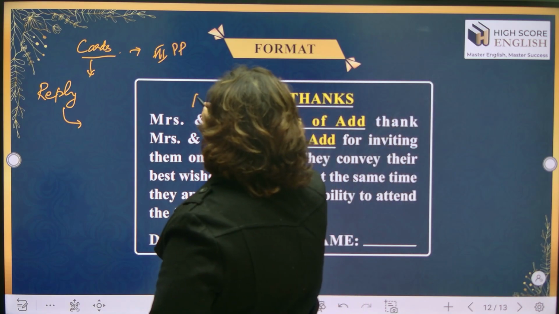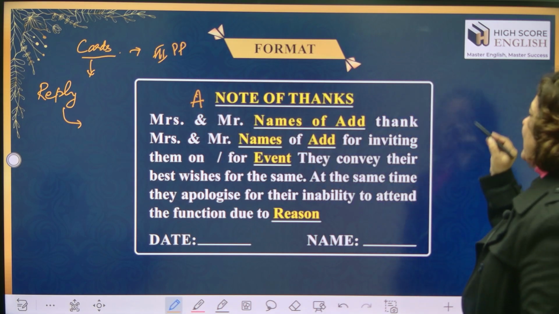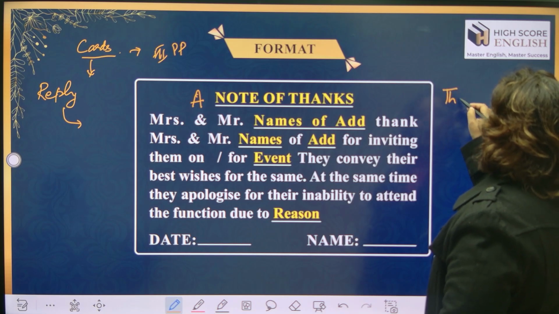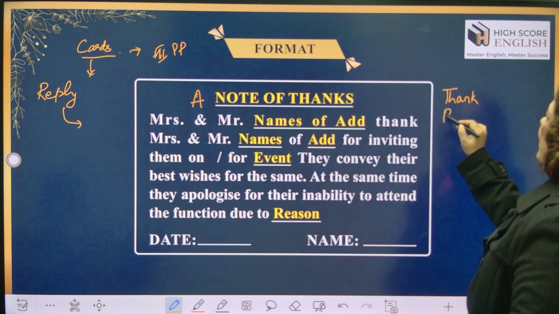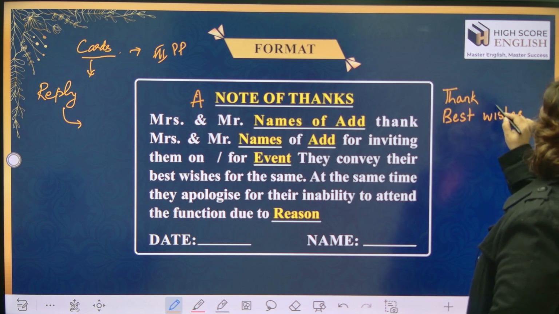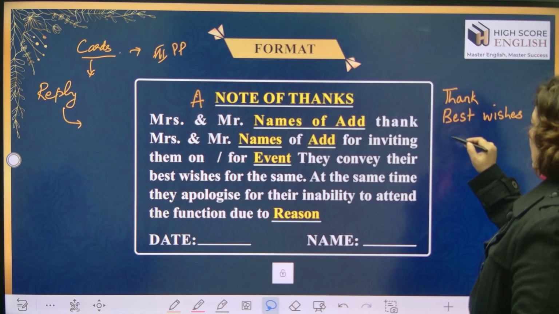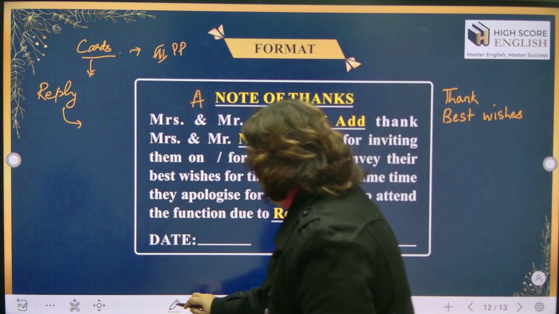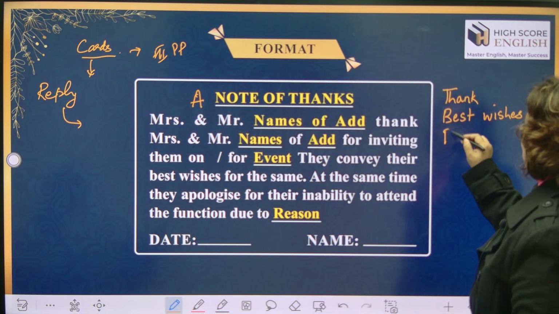Just write a note of thanks. Obviously, as I told you, what all things you have to keep in mind. You have to first of all thank, then you have to give the best wishes, then either you accept the invitation or you refuse the invitation.